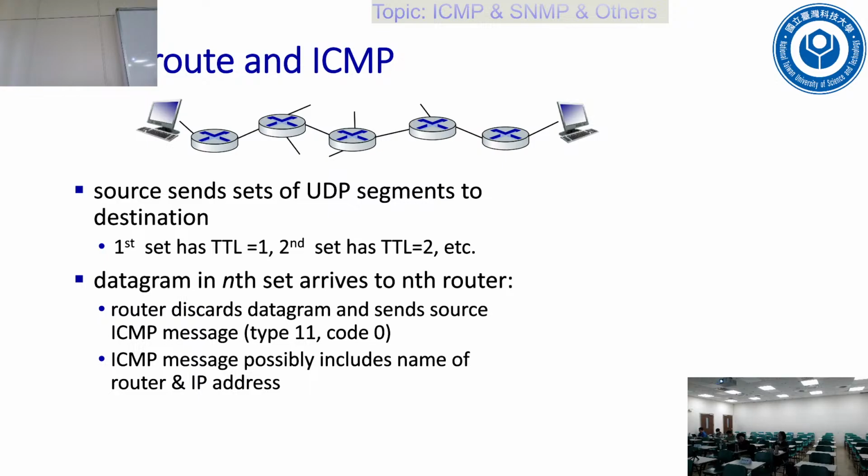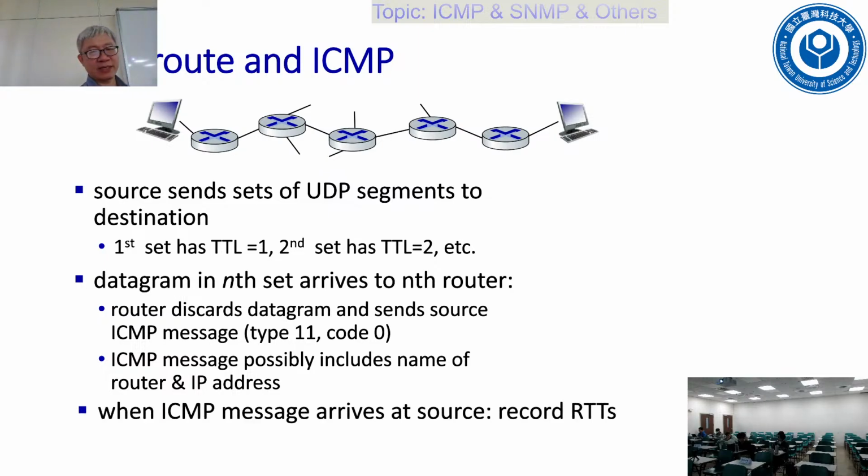Of course, ICMP can include other information to provide traceroute, such as the name of the router and its IP address. After now, maybe it says 1, 2, 3, 4. Finally, we reach the destination.